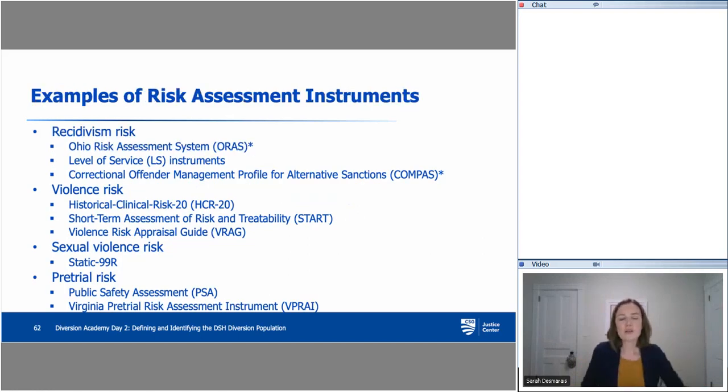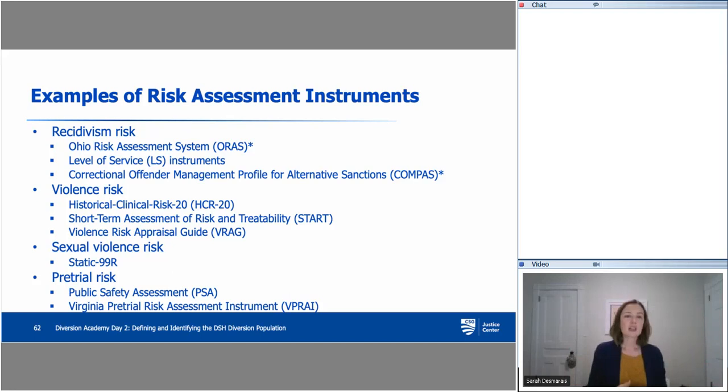Here are a whole bunch of different examples of risk assessment tools. I put them under the category of what they were primarily intended to forecast. Some tools focus more broadly on recidivism risk, typically general offending. These will probably include a range of behaviors much broader in scope than our definition of unreasonable threat to public safety for your diversion program.